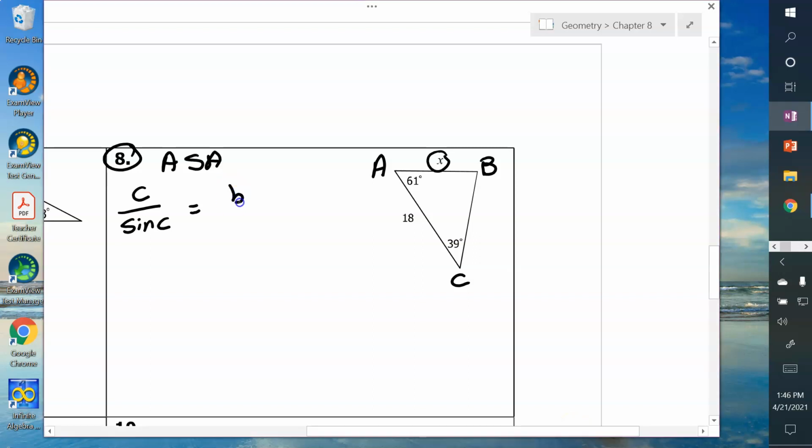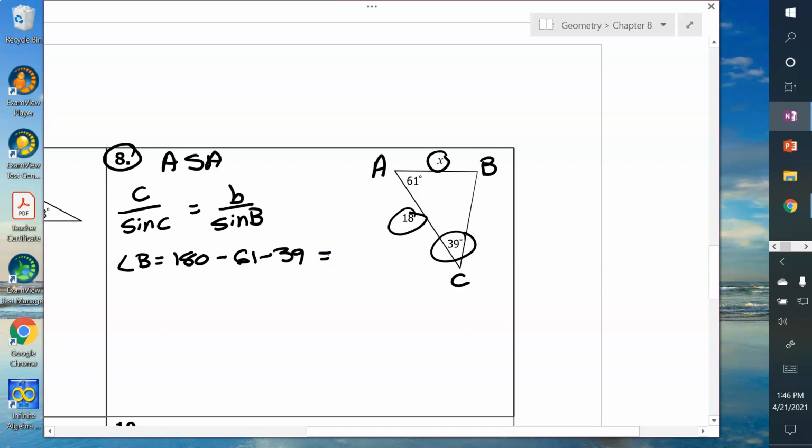I'm going to do b over sine of B. Since I was given little b and I was given angle C, I am going to use the fact that the angles of a triangle add up to 180 degrees to find angle B. So angle B is going to equal 180 minus 61 minus 39.